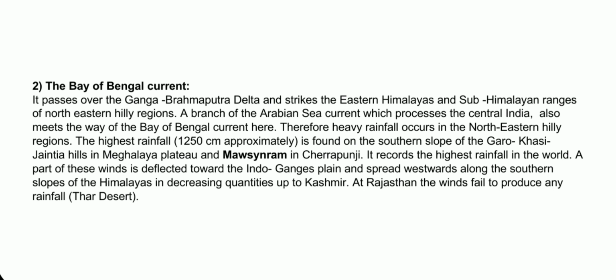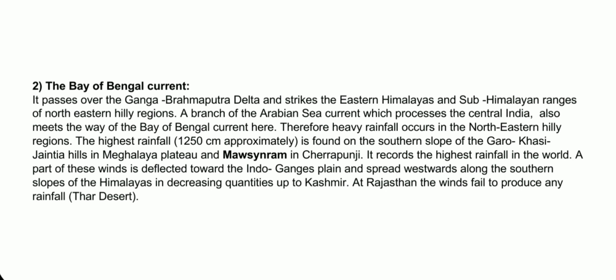Therefore, heavy rainfall occurs in the northeastern hilly region. The highest rainfall, approximately 1250 cm, is found on the southern slope of the Garo-Khasi-Jaintia Hills in the Meghalaya Plateau, and Mawsynram near Cherrapunji. It records the highest rainfall in the world.